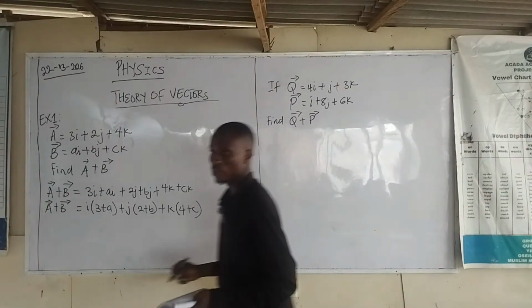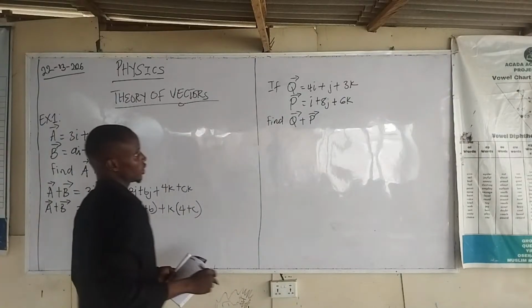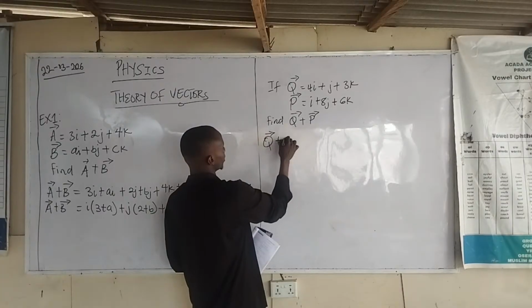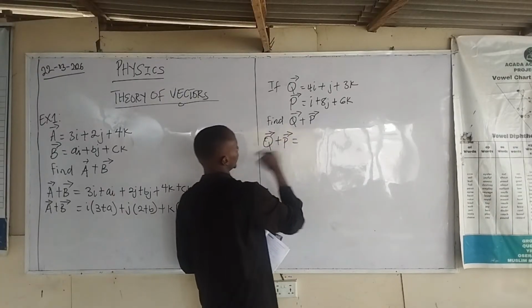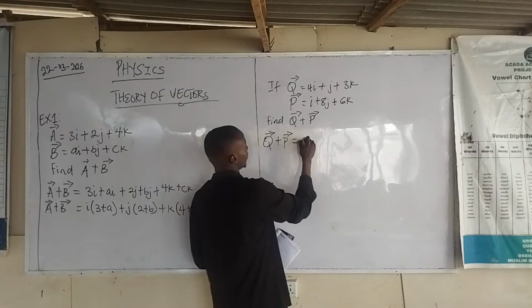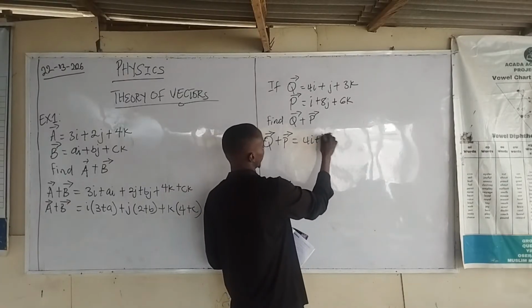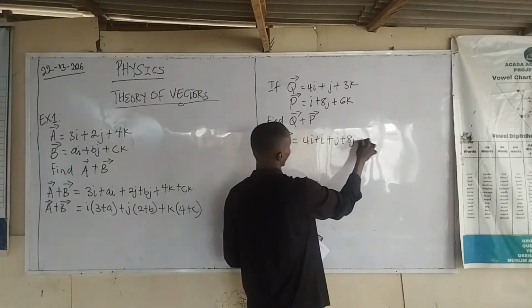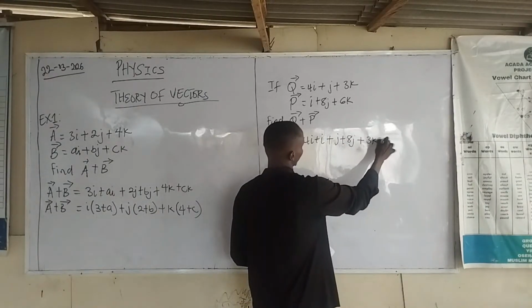So now this one is also easy. Pay attention. For Q plus P, you bring out the components: 4i plus i, plus j plus 8j, plus 3k plus 6k.